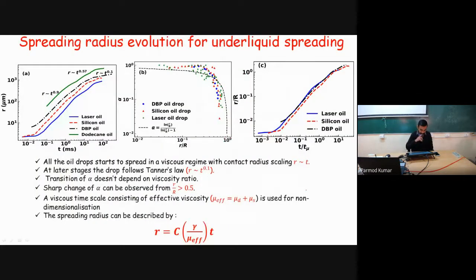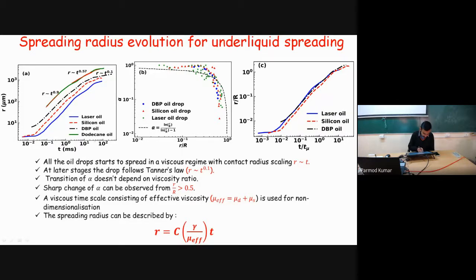We will be finding the drop spreading dynamics for different types of drops. You can see that the drop initially starts with a near viscous regime, then we have a close to inertial regime, and then we finally have the tenuous regime.